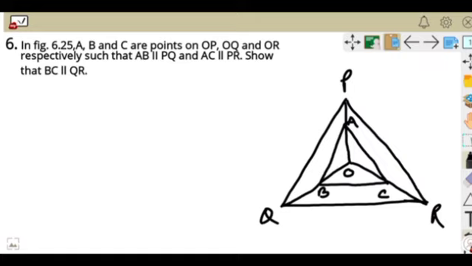We'll start a solution now. I'll start solution here. Okay, first write given.